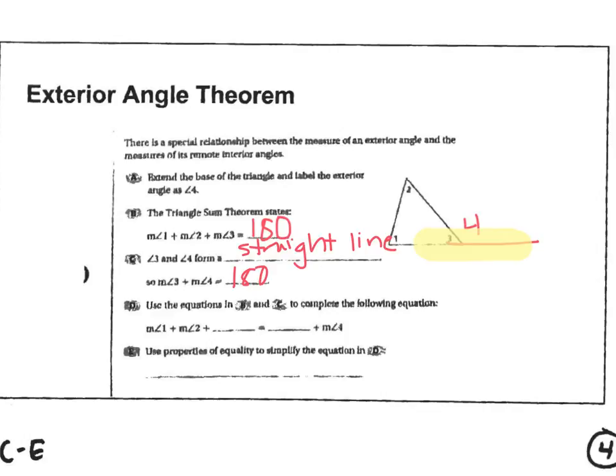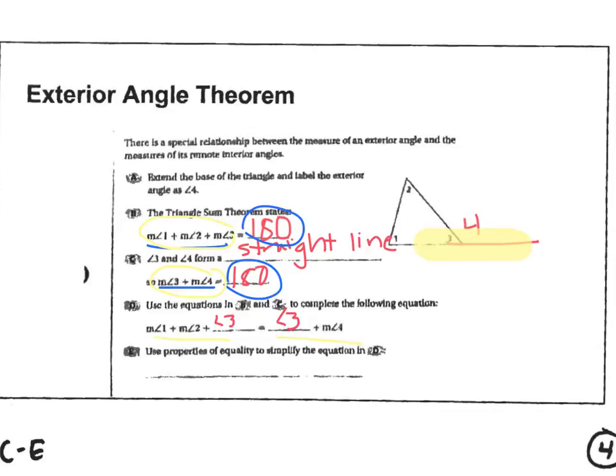So since these are both equal to 180 degrees, they must be equal to each other. Anytime something equals the same amount, they must be equal to each other. So I know that angle 1 plus angle 2 plus angle 3 has to be equal to angle 3 plus angle 4. I just took the two equations I came up with and set them equal to each other.